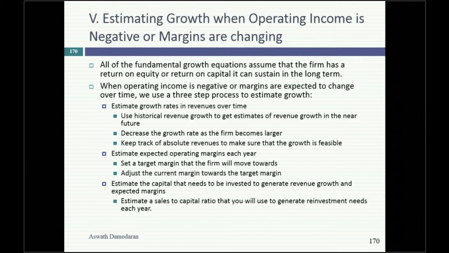Second stop. What do you have right now? You're losing money, right? You have negative margins. I know this sounds incredibly simplistic, but you've got to make those negative margins into positive margins. So the second big number you're going to focus on is, what's my target margin going to be? What margin do I think my company can earn, assuming it turns a corner and becomes a healthy company? Now that's a tough number.